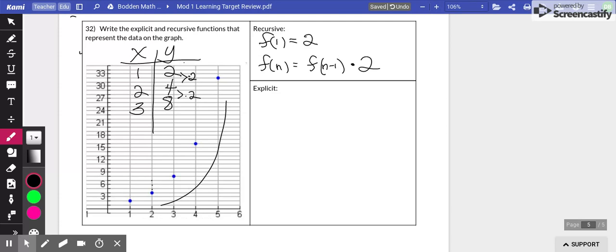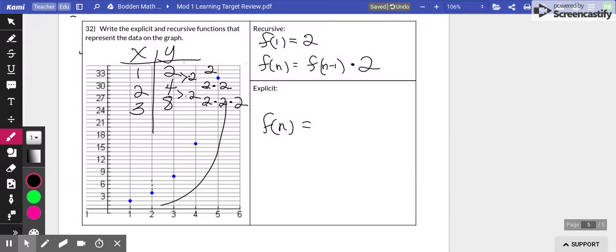All right, so for my explicit, to close this up, let's look. I'm starting with 2. Then I have 2 times 2. Then I have 2 times 2 times 2. So you may see here that all I do is I just keep multiplying by 2.